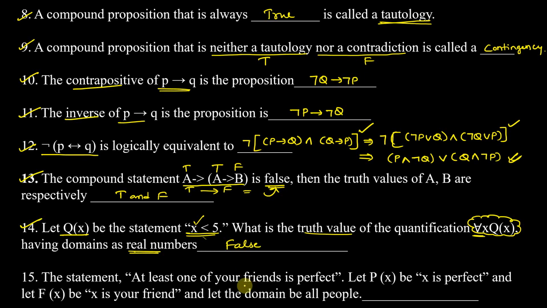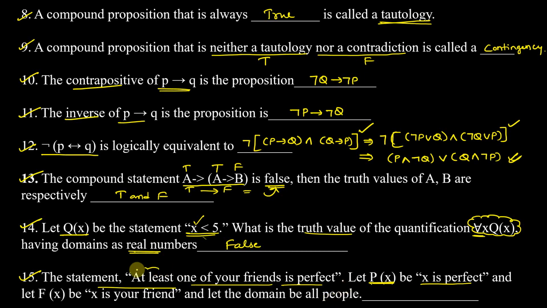Then 15th question. The statement at least one of your friends is perfect. Let P of X be X is perfect and F of X be X is your friend, and let the domain be all people. How do you write it?